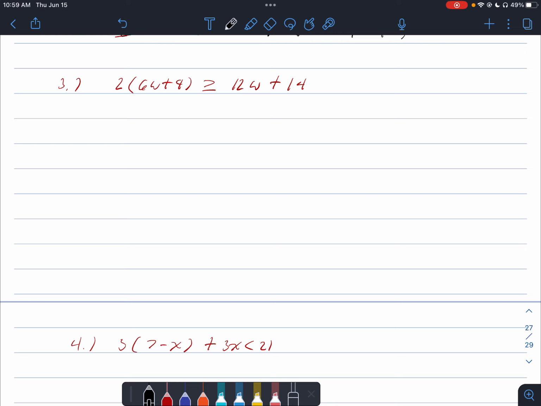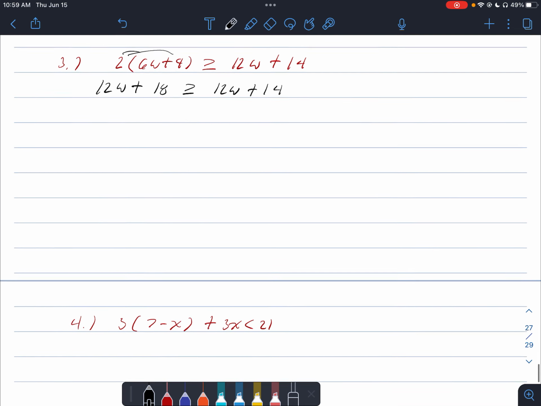Let's take a look at this one. Here we have 2 times 6w plus 9 is greater than or equal to 12w plus 14. The first thing we ought to do is distribute this 2, so we'll have 12w plus 18 is greater than or equal to 12w plus 14. Let's take the 12w away here.